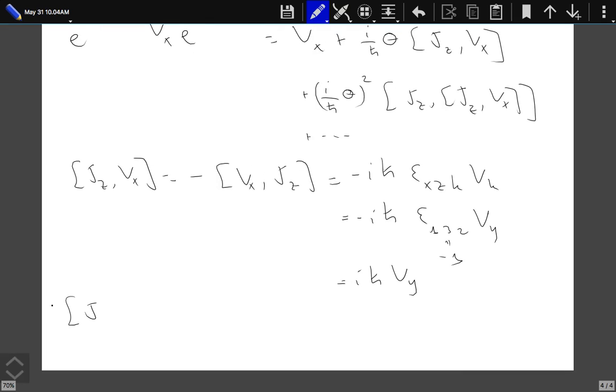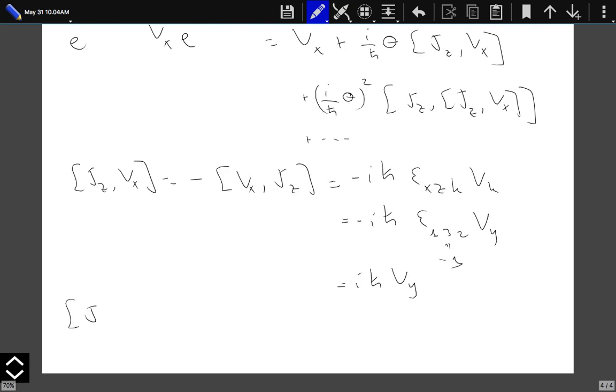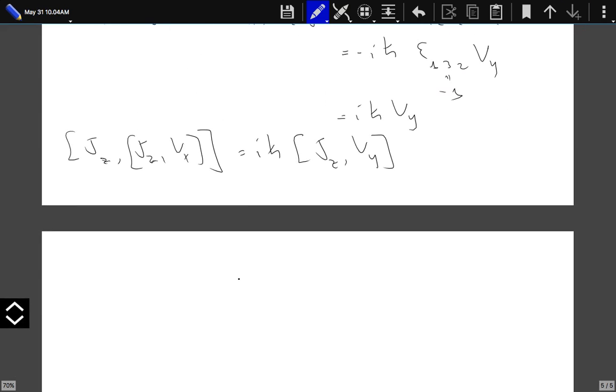Now this is the first term. The second term contains one more commutator. This is equal to i h bar [Jz, Vy], which is equal to minus i h bar [Vy, Jz]. This is equal to minus i h bar times i h bar Vx.